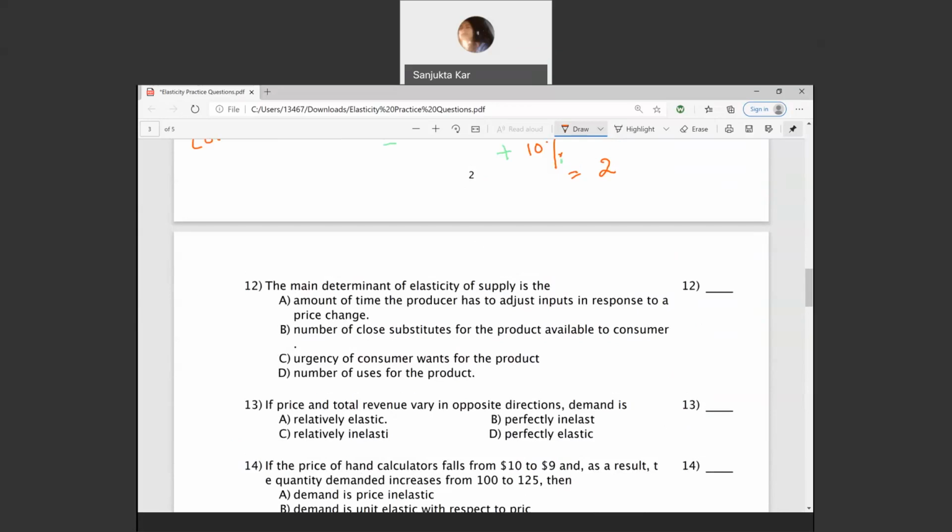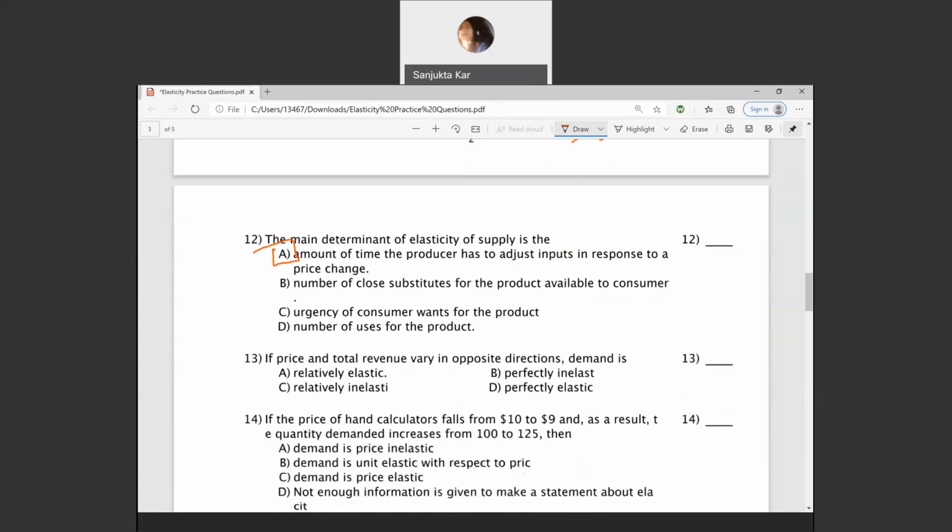Question number 12. The main determinant of elasticity of supply is the amount of time the producer has to adjust inputs in response to a price change. Okay. Question 13.